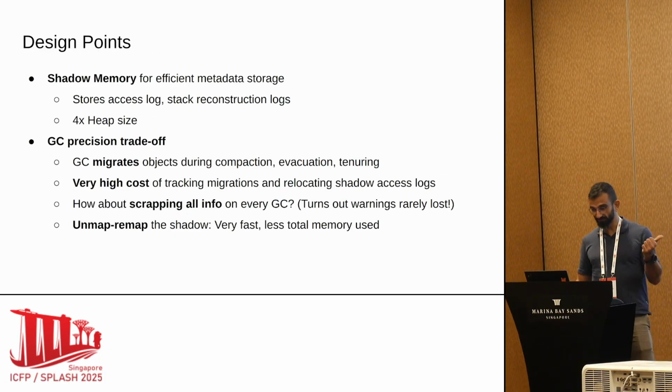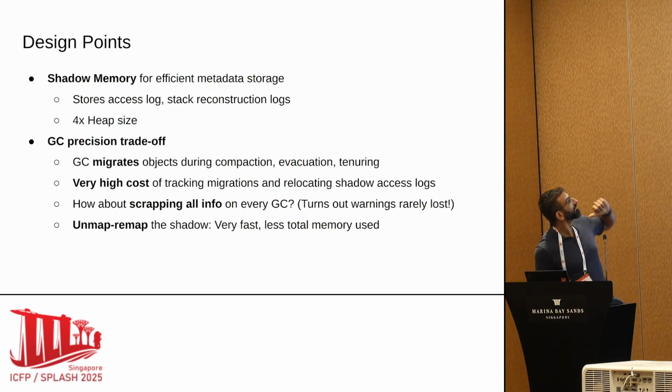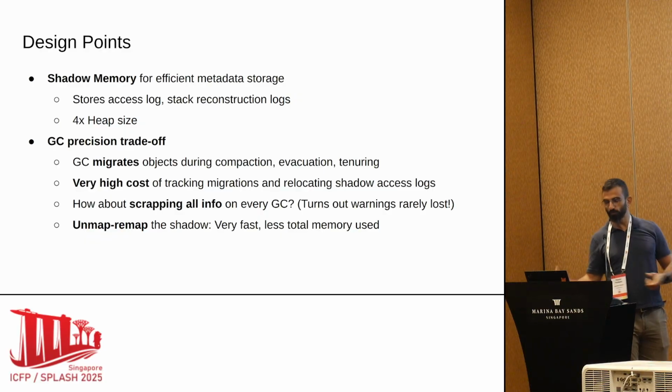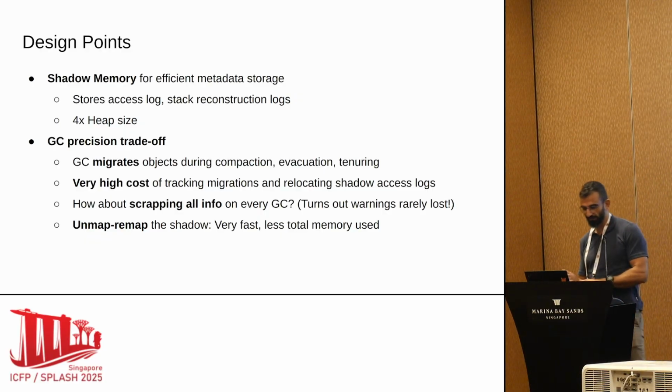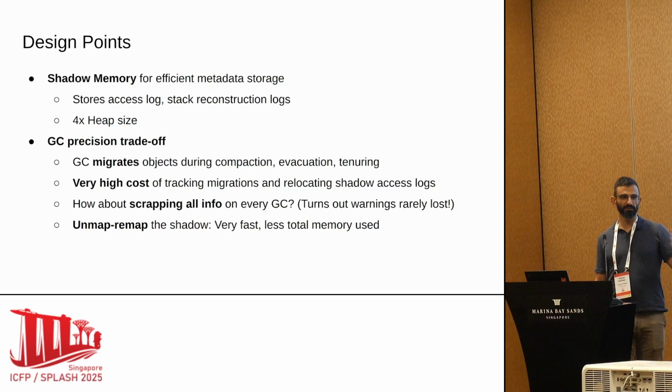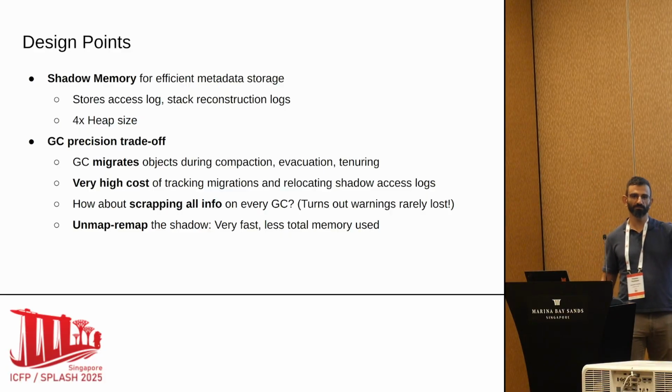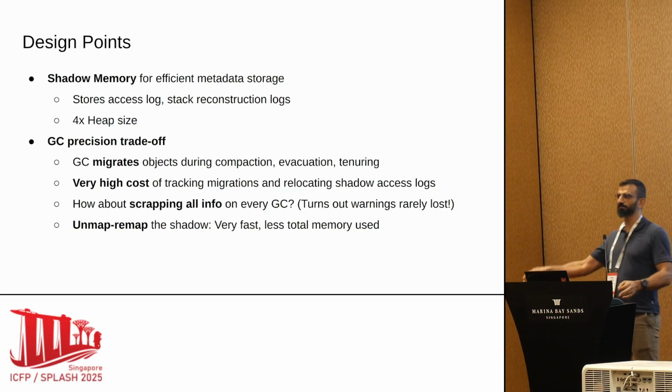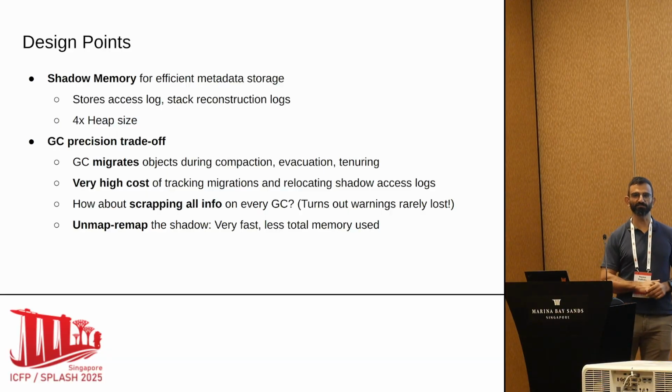Okay, design points for this tool. We use a shadow memory to store the access log, plus this new thing, the stack reconstruction logs. We want to work with a garbage collector inside the JVM, and the garbage collector might change object locations, so the same thing, x.o, that would be in address 0 when your program runs, after the garbage collection might have moved to address 5, right?